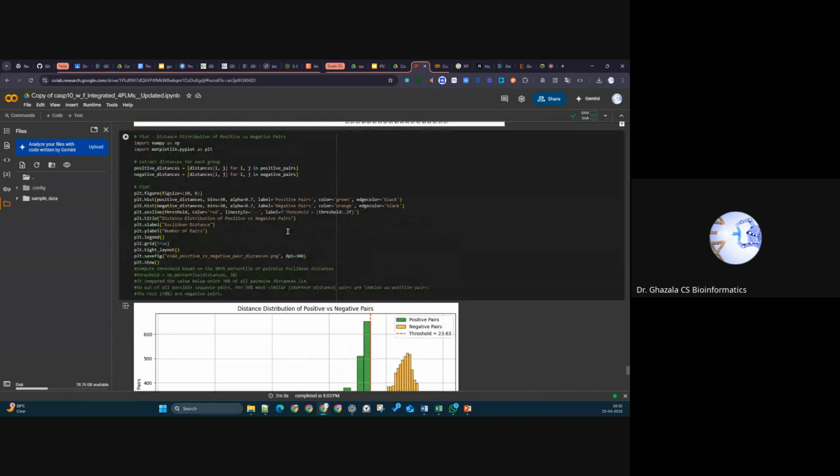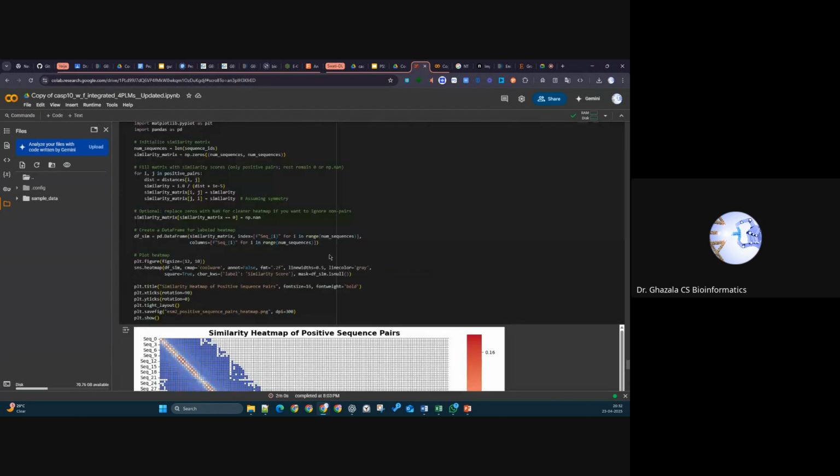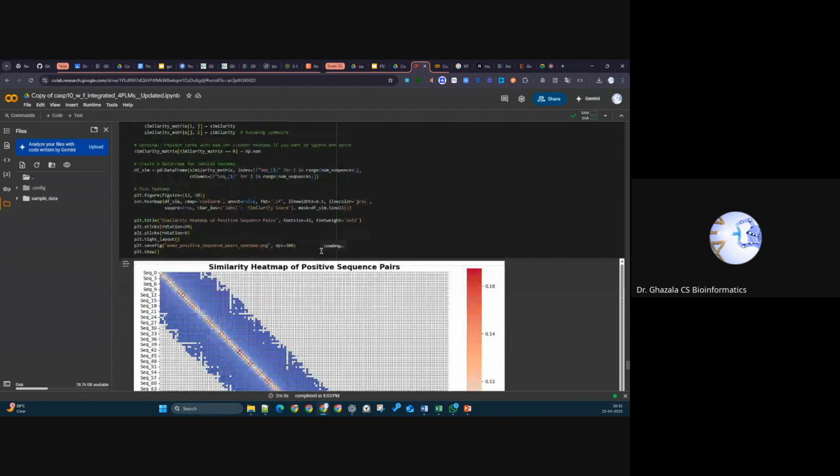It defines the positive pairs based on the 30 percentile that we mentioned: 30 percentile of the sequences will go into positive pairs, and sequences with more than that distance between them will go into the negative pairs.